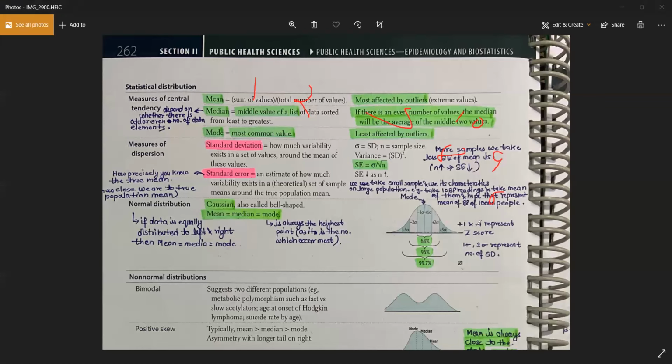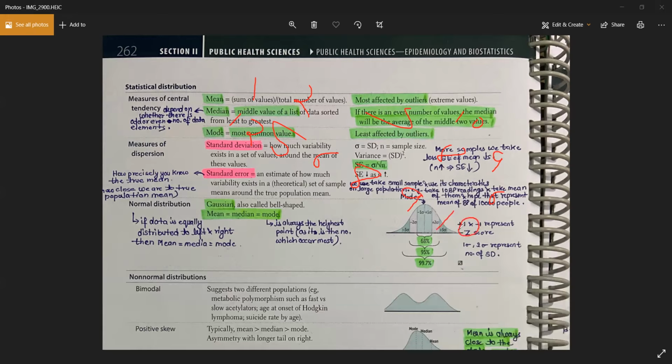If Step one asks you to calculate the median, first you need to arrange this data in increasing order, which means 1, 2, then 5, then 6, then 8, then 9, and then 10.